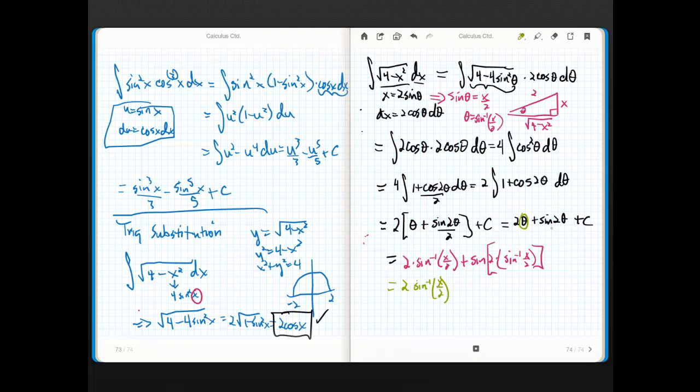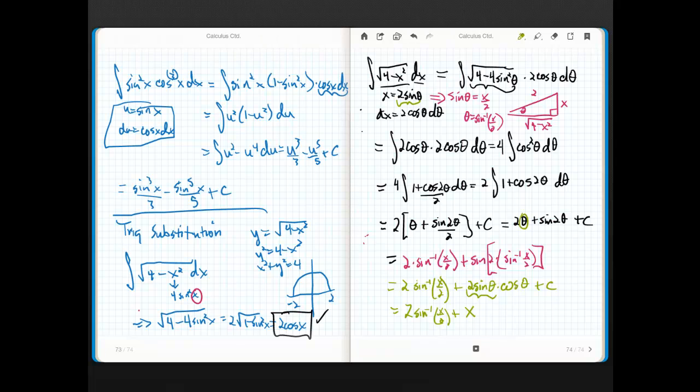But watch. Do you agree that the sine of 2 theta, hopefully you remember from back in the day, from that half angle rule, I can write this as 2 sine of theta times cosine of theta. Let's not forget our plus c. Now watch. This is the fun part. This becomes 2 times the inverse sine of x halves plus, well, I know that 2 sine theta from my original substitution is x.